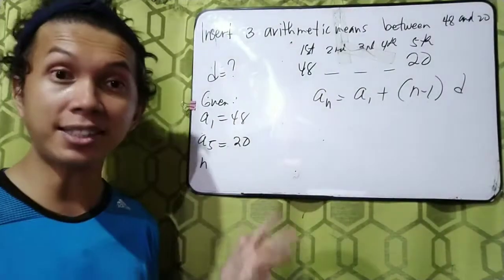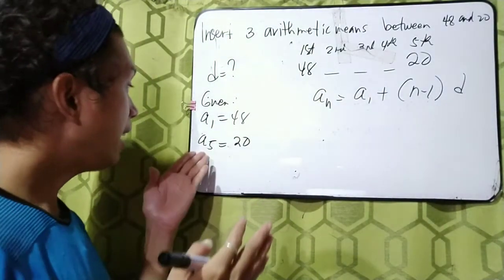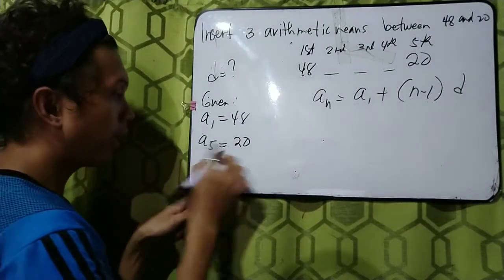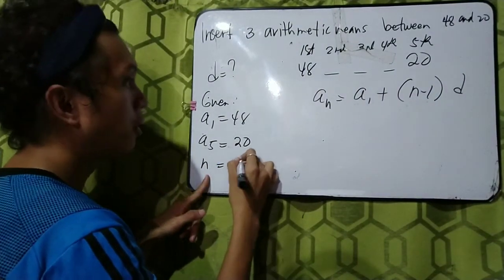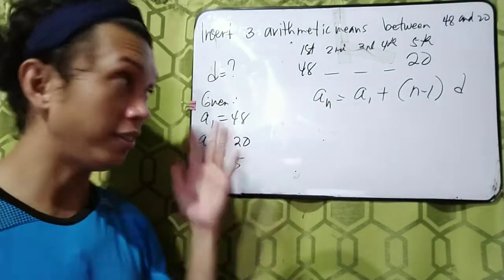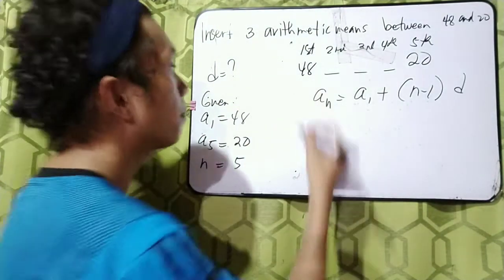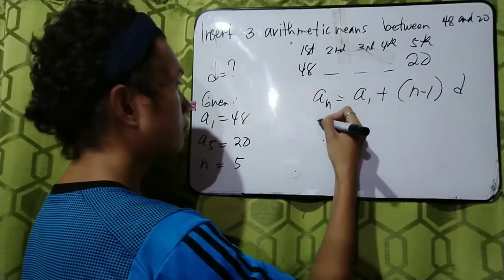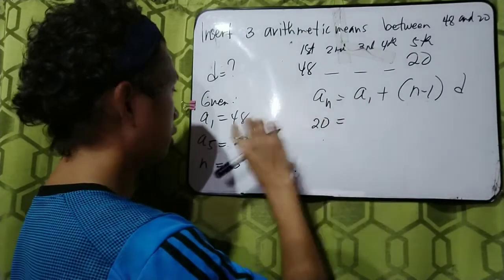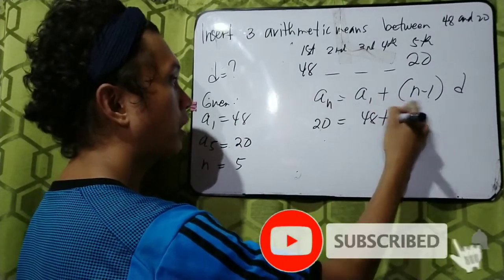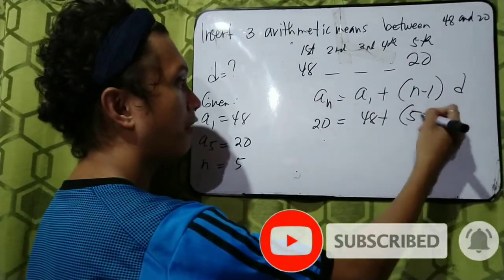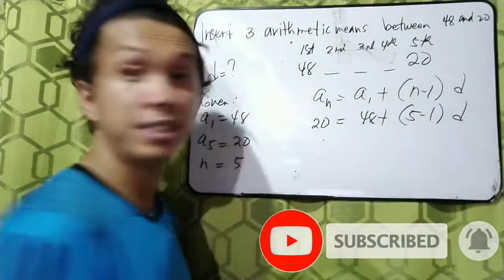Since our last term is a sub 5, then our value for n is also 5. Now let us substitute these values to our formula. That is 20 is equal to 48 plus 5 minus 1 times d.